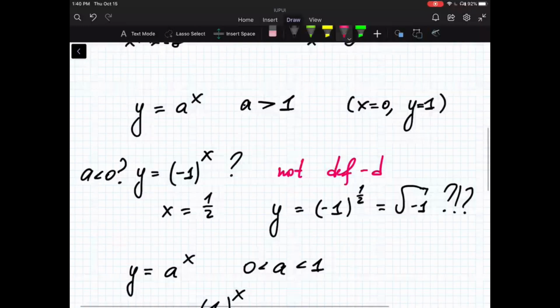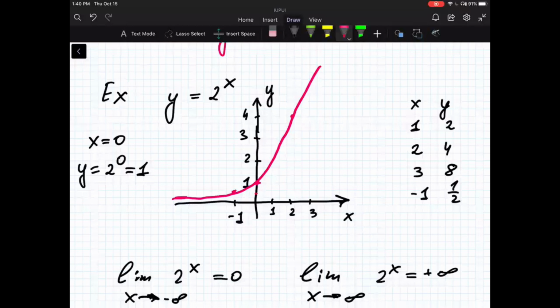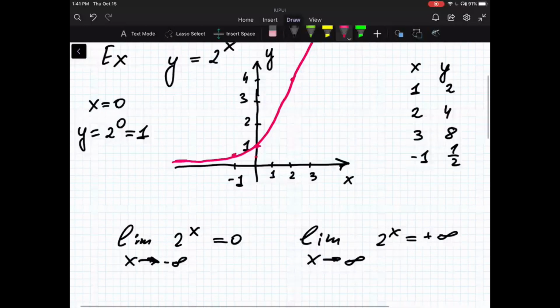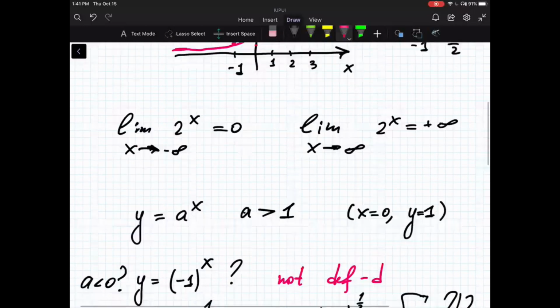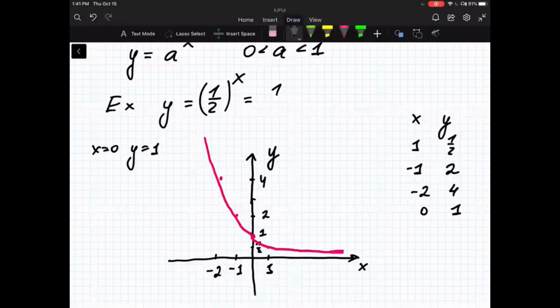You just, in some sense, consider the mirror, the symmetry about the y-axis, and it is in fact true, because what is 1/2 to the power x? Again, I can use the same trick: it is 2 to the power minus 1, to the power x, or it's 2 to the power minus x.